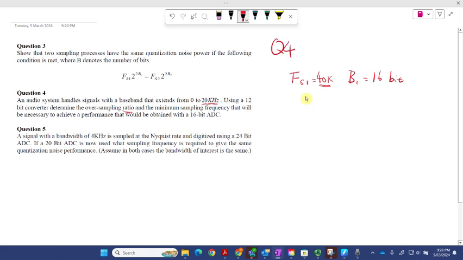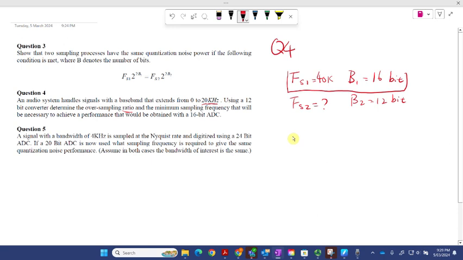All right, so we know that for B2 we're going to use 12 bits. The question asks what frequency you need to sample at, how many times more you want to oversample to get the same noise level as the first one.